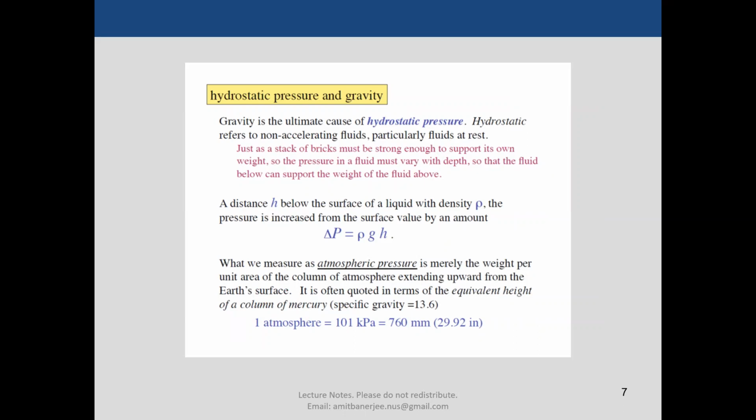So at distance h below the surface of a liquid with a density rho, the pressure is increased from the surface pressure value by an amount rho gh. What we measure as atmospheric pressure is merely the weight per unit area of the column of the atmosphere extending upwards from the Earth's surface. It is often quoted in terms of equivalent weight column of mercury.